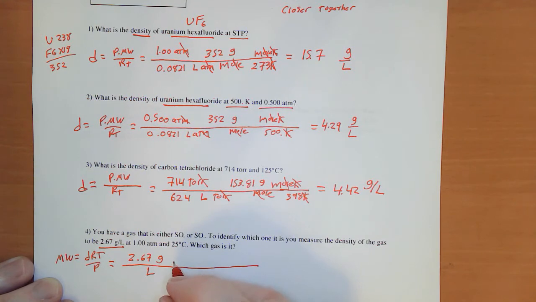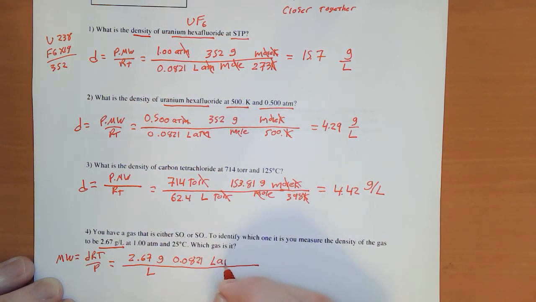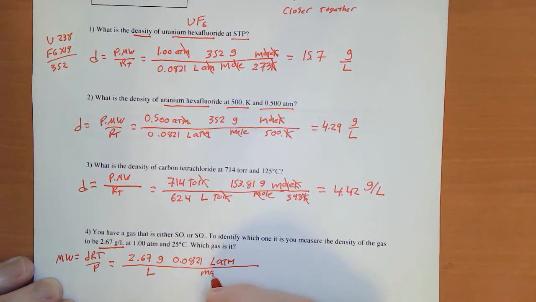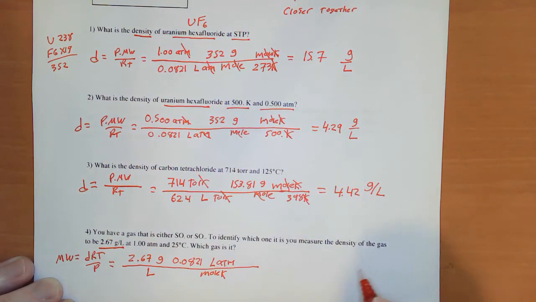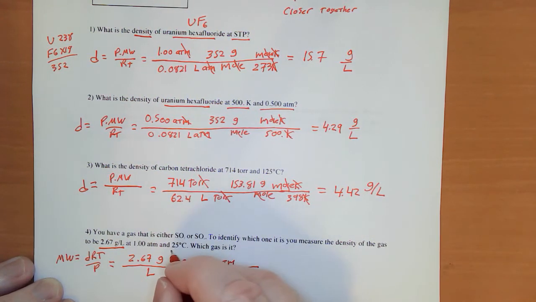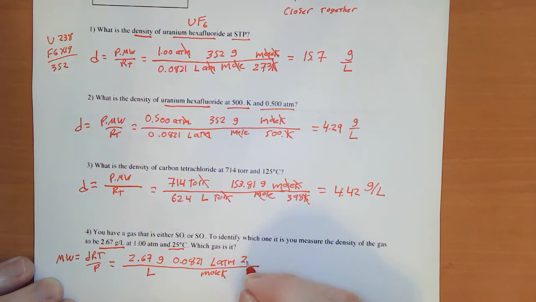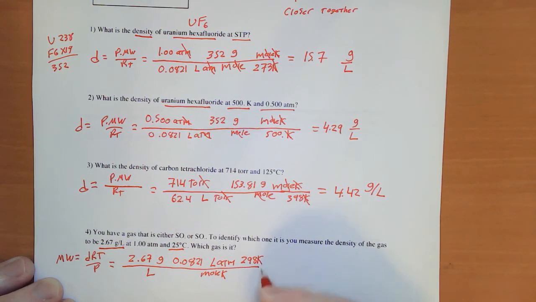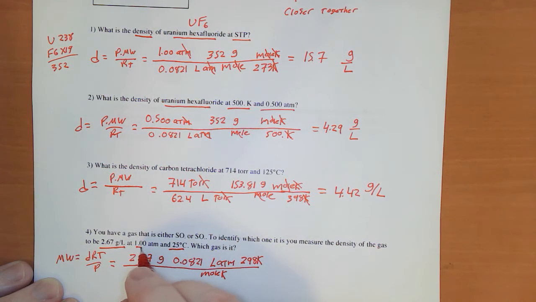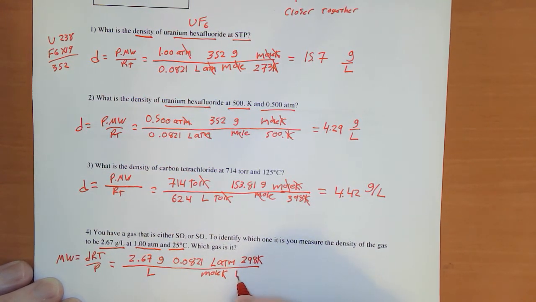Okay, R is 0.0821 liter atmosphere per mole K. The temperature, 25 degrees Celsius, is 298 Kelvin. Okay, and the pressure is 1.00 atmospheres.